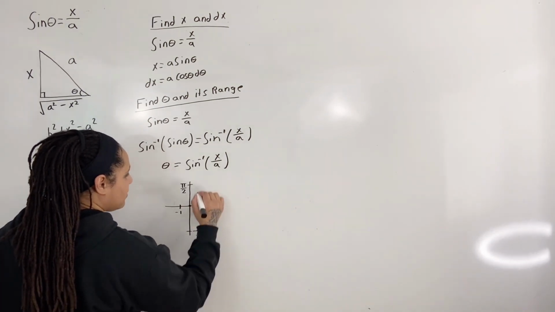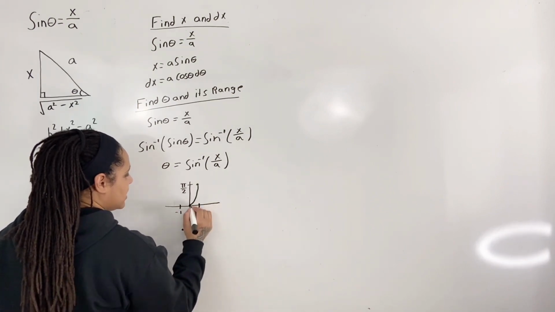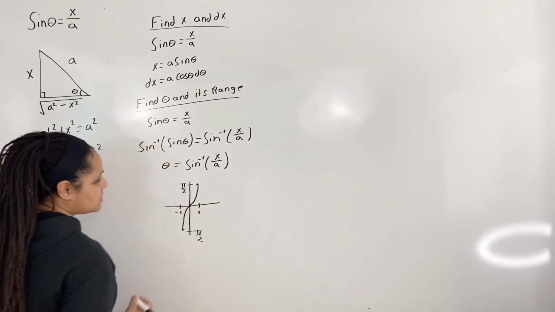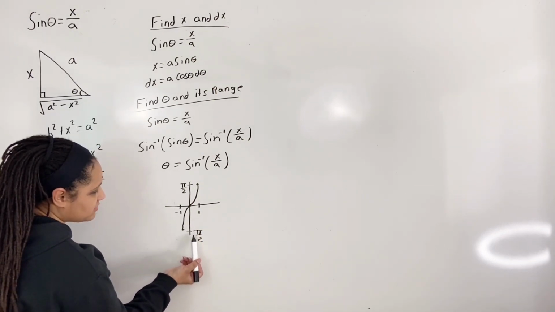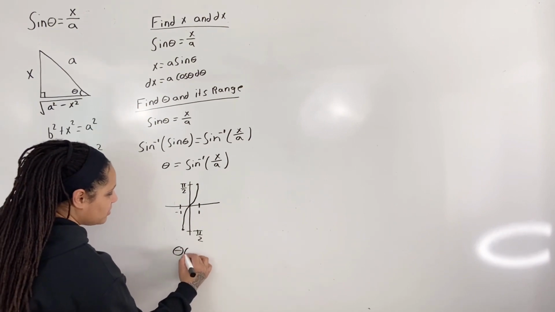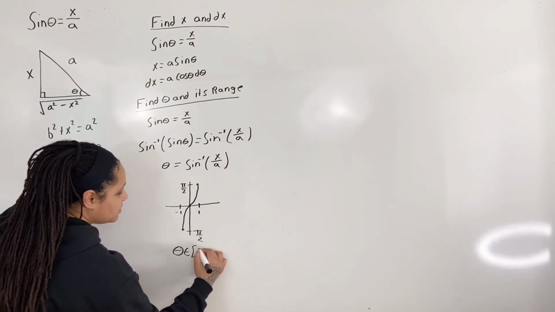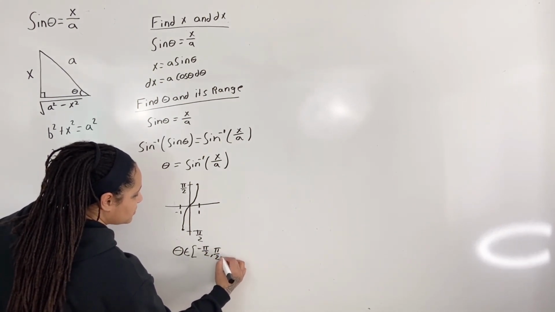So this is how the graph of inverse sine looks like, something like this. So we see the domain is from -1 to 1, and the range is from -π/2 to π/2. So we say that theta belongs to the interval between -π/2 and π/2.